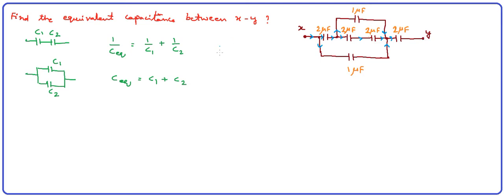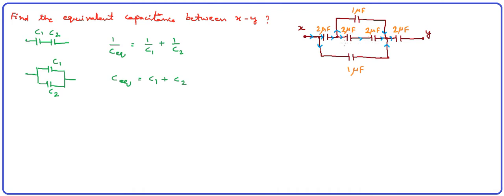Now we can see here, the first capacitance is 2 microfarad. After that the current is divided into two parts. One current passes through 1 microfarad and the second current passes through 2 microfarad and 2 microfarad.